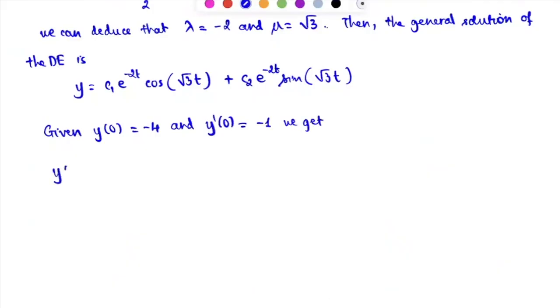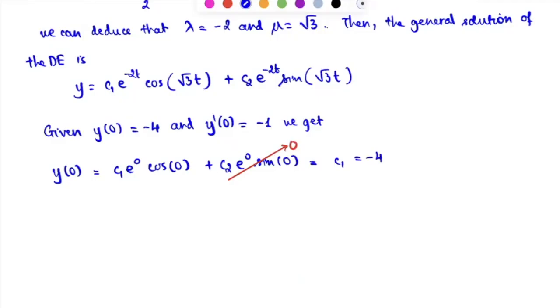So y of 0 is equal to c1 times e to the 0 times cosine of 0 plus c2 times e to the 0 times sine of 0. Let me be careful here. This term is equal to 0 since sine of 0 is 0. Cosine of 0 is equal to 1, e to the 0 is equal to 1. So you can get that c1 is equal to negative 4.